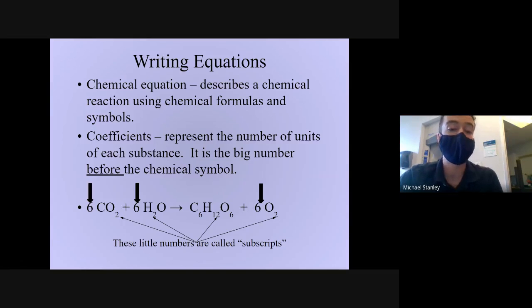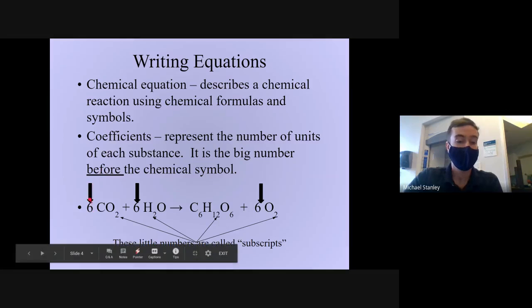We're allowed to change them into different numbers in order to make a more balanced equation. And like I said, exactly how we do that, we'll get to in just a second. So coefficients are the big numbers in front of our compounds, in front of our molecules.